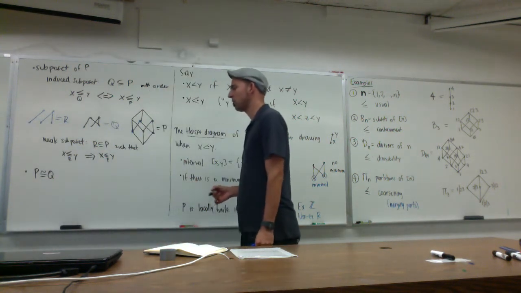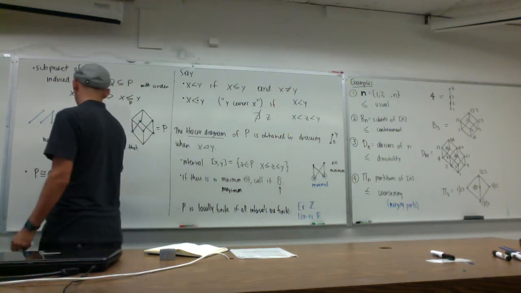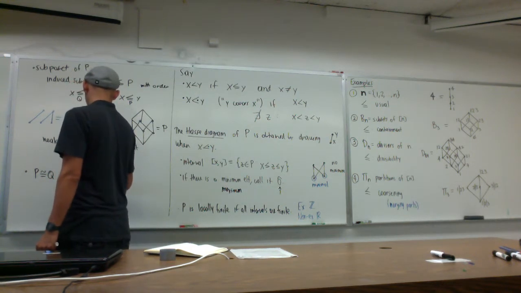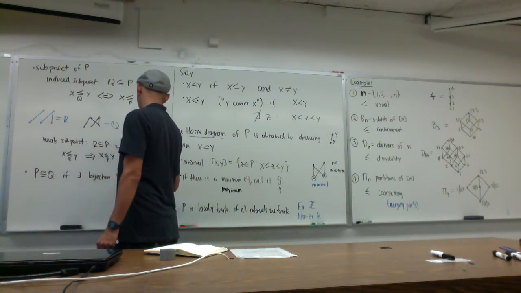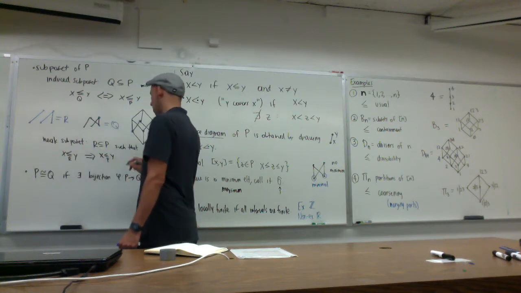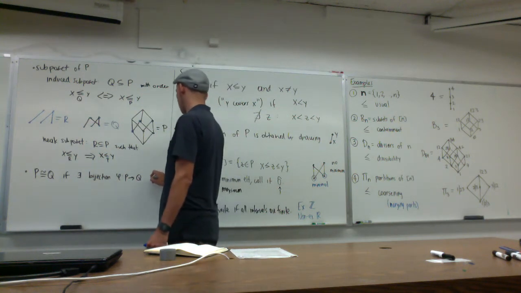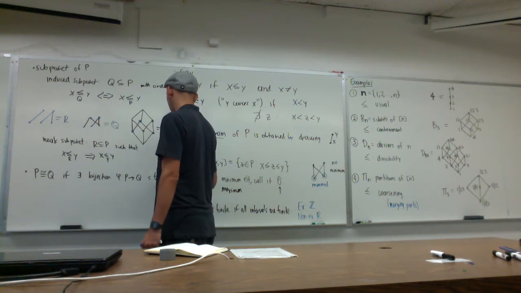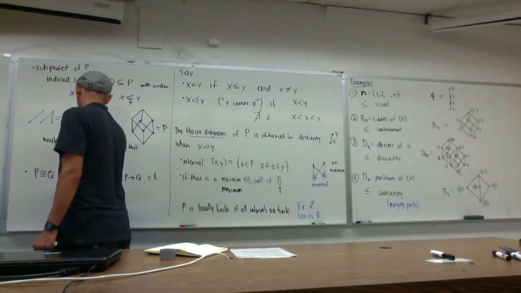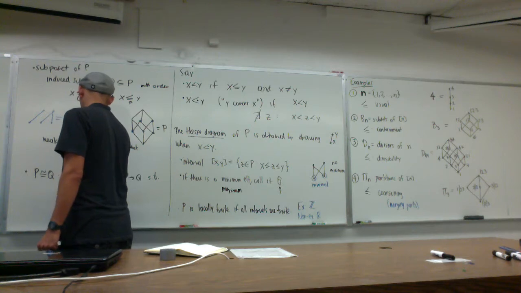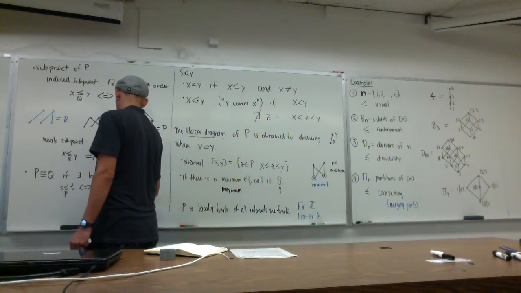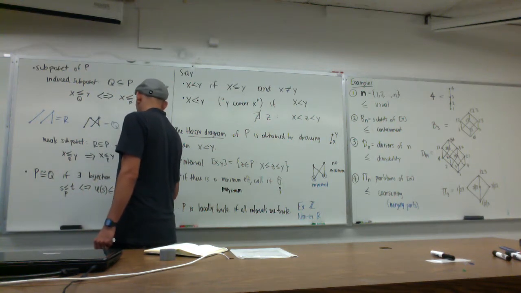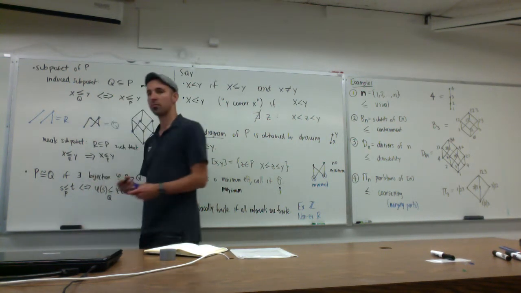So P and Q posets are isomorphic if there exists a bijection phi from P to Q which respects the order such that S is less than or equal to T in P if and only if phi of S is less than or equal to phi of T. Okay.